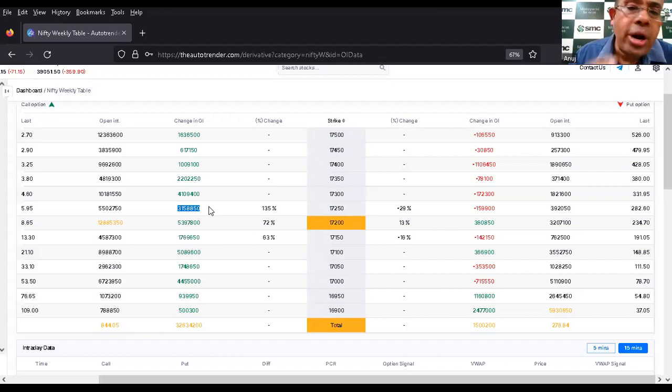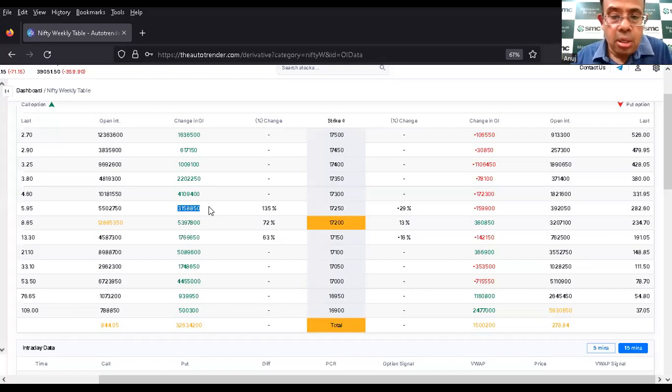But in option, what happens is sometimes the seller has a delayed loss proposition because he receives the amount upfront, and if the market doesn't go his way, then only he will end up losing money.